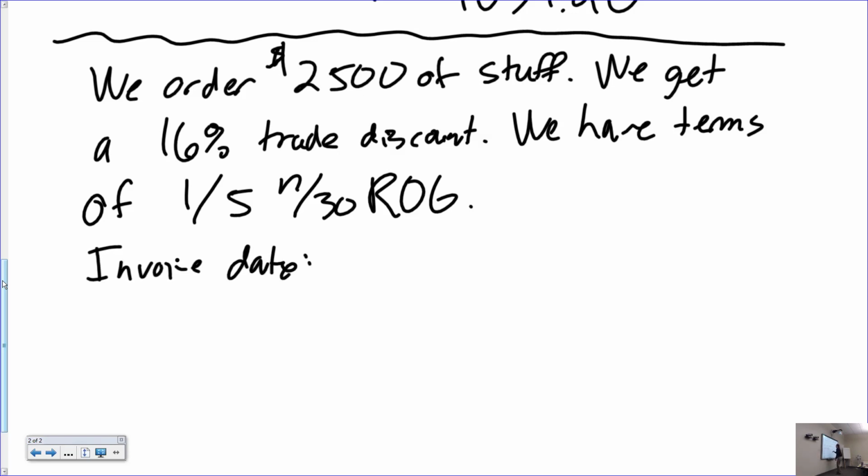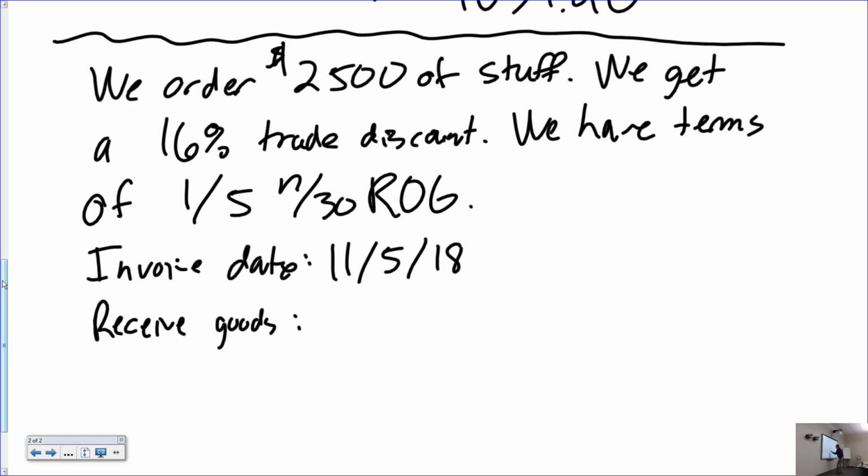Invoice date was sometime last year. Let's suppose it was 11/5/18, and we received the goods on 11/8/18.